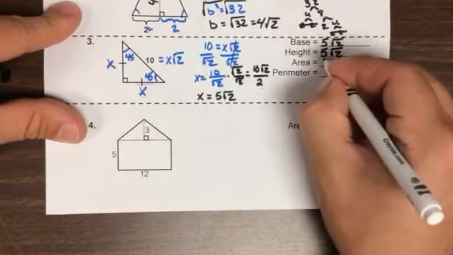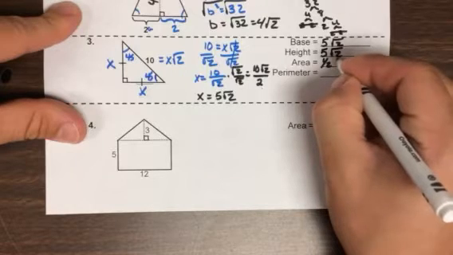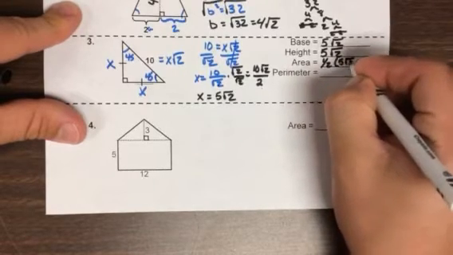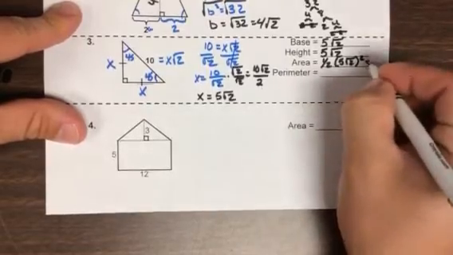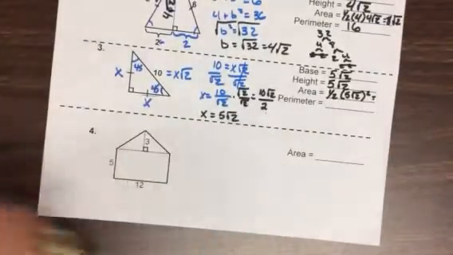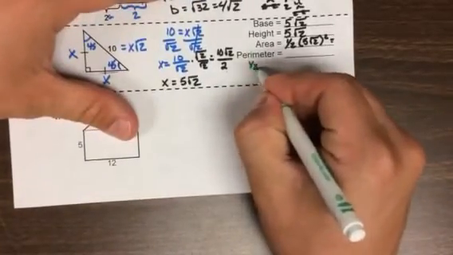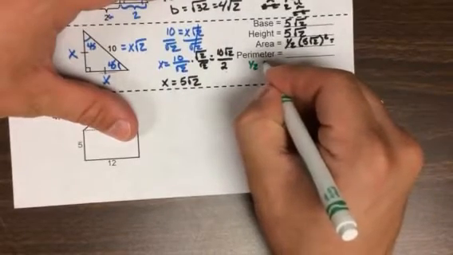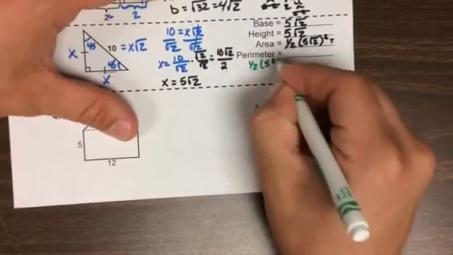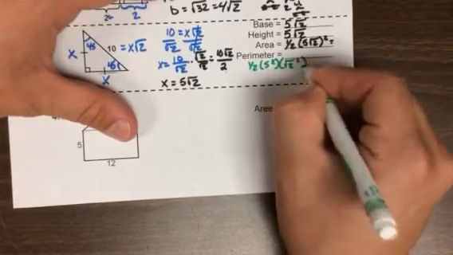So the area is 1/2. I'm going to put this in parentheses, 5 radical 2 squared. So what does that mean to me? I'm going to come down here and do this in a different color for you. 1/2 times 5 radical 2 squared means 5 squared and radical 2 squared.